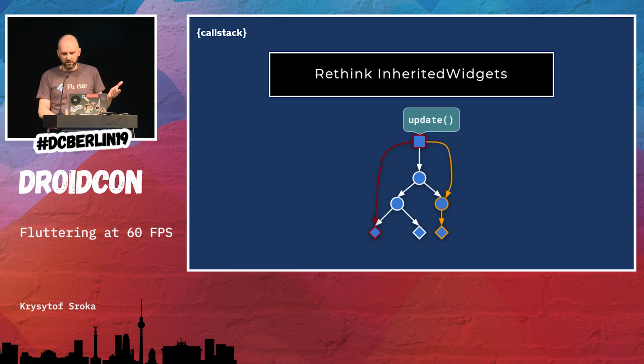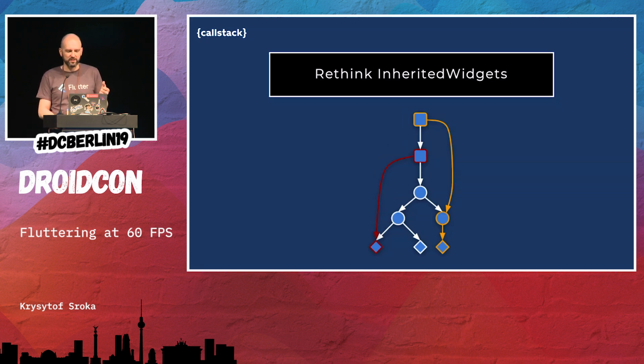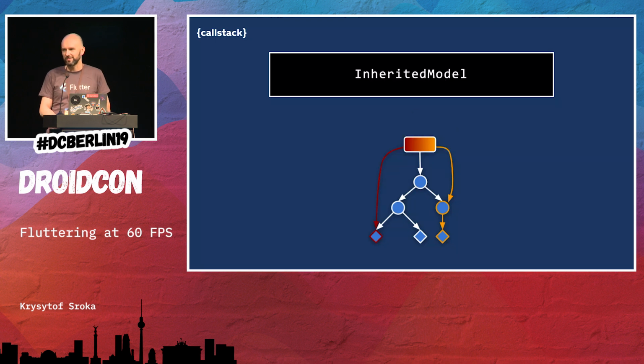So the two things you can do to prevent these unnecessary updates: first, split inherited widgets into multiple parts. So add multiple inherited widgets in your tree, but it only works for a several, known number of items.